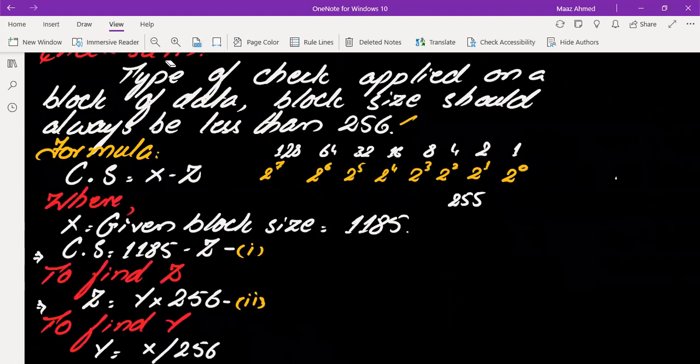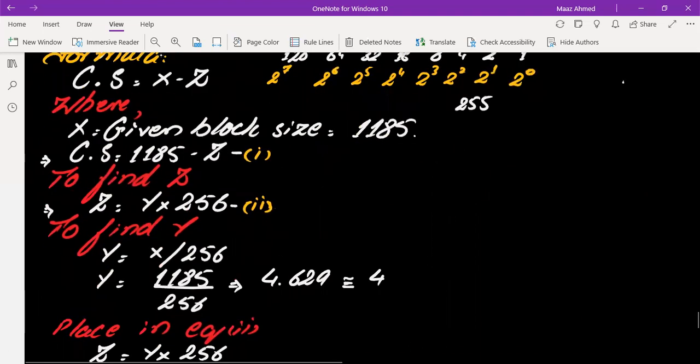Okay. So formula. There is a formula for a checksum. Now, what's that particular formula? That formula says that checksum is equivalent to x minus z, where x is the given block size, and in this question we are provided with a block size that is 1185, whereas z is unknown to us. So to find the z, we do have a formula.